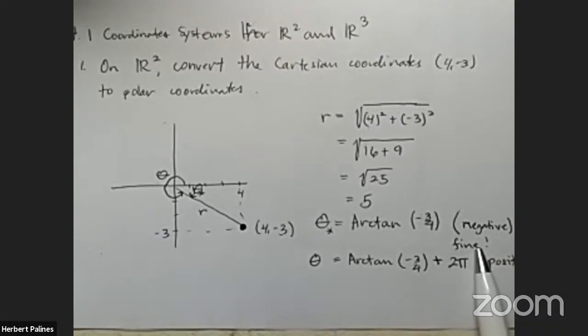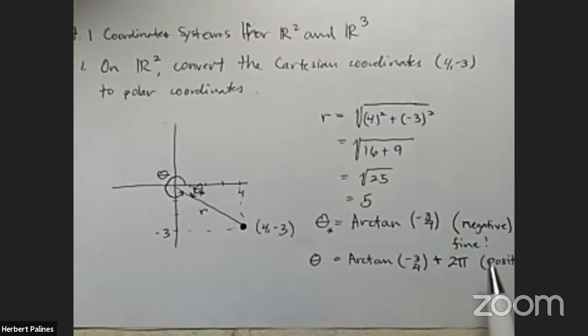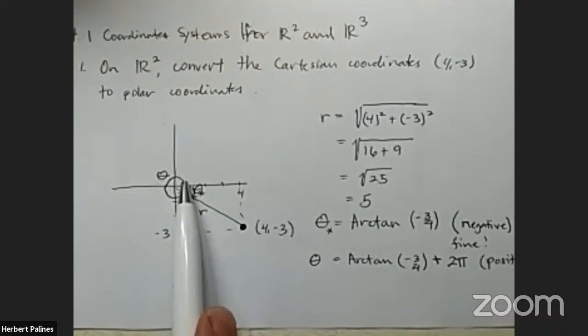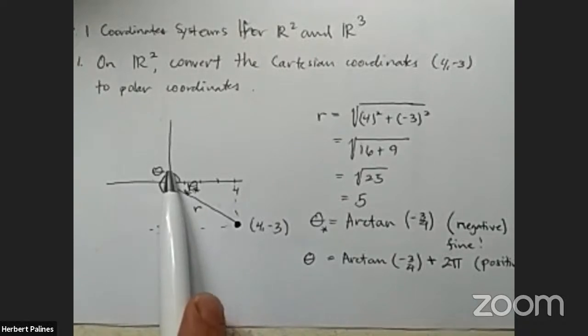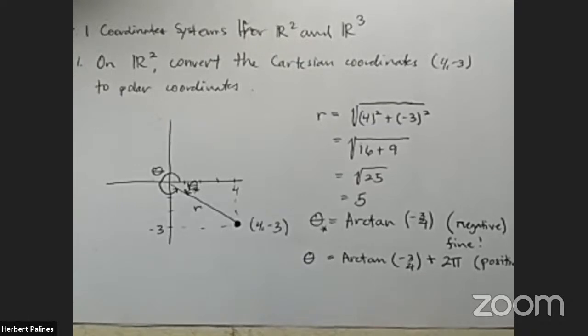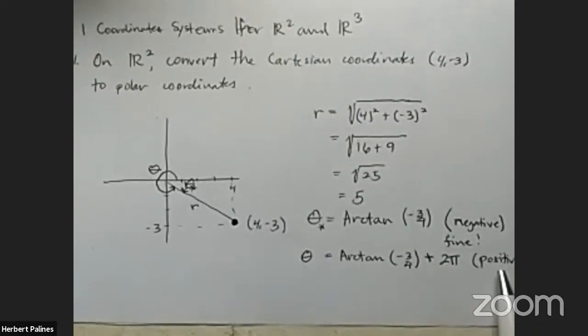But if the instruction says to find the smallest positive angle, you should find this theta here in the counterclockwise direction. So all you have to do is add 2 pi to arctangent of -3/4. And now this will be the smallest positive value of theta.